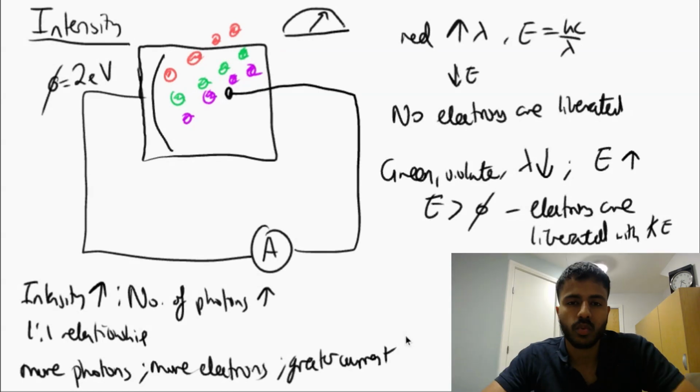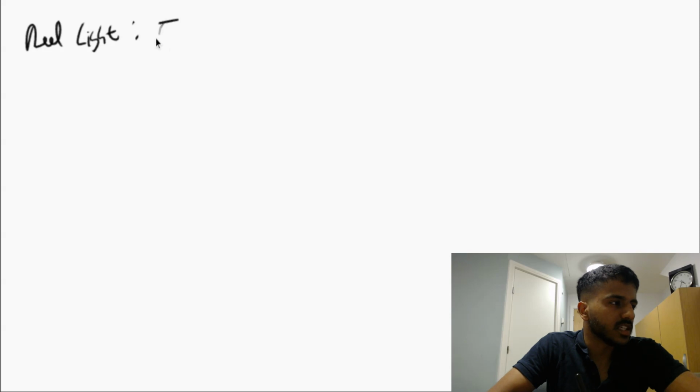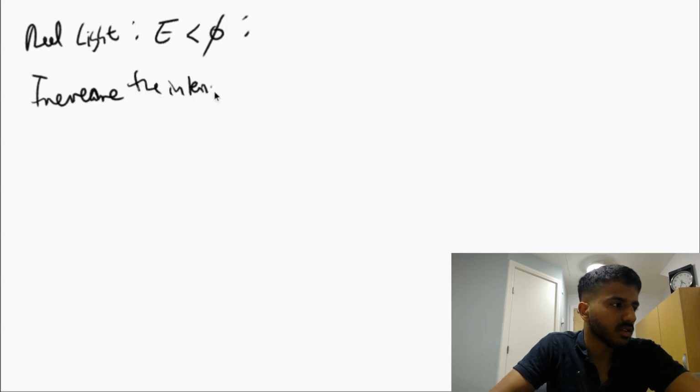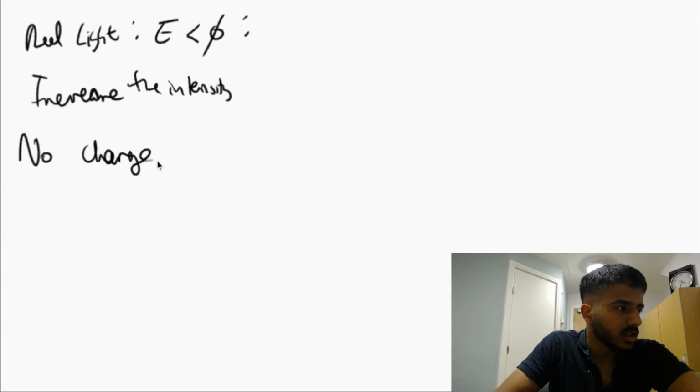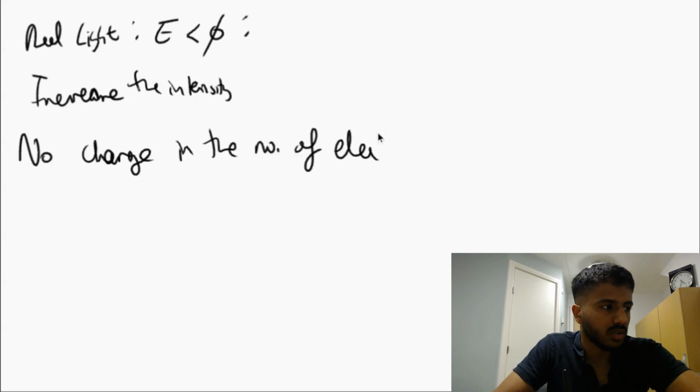However, if I stuck with using the red light, which has an energy less than the work function, if I increase the intensity, what I will see is no change in the number of electrons released.